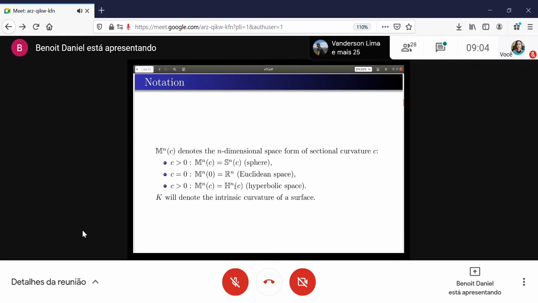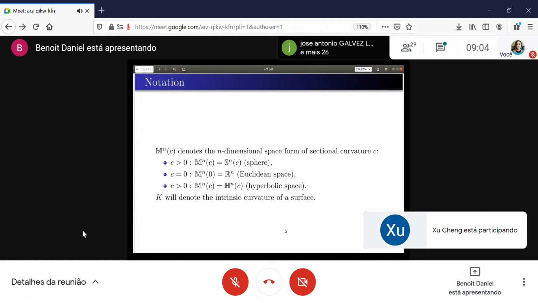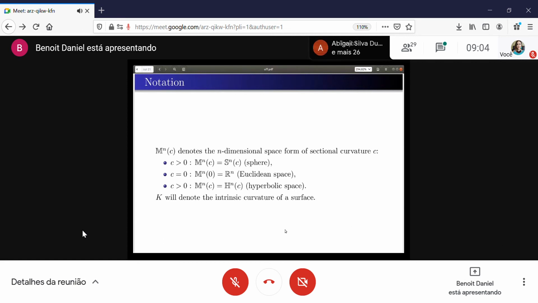Mn of C is hyperbolic space, Hn of C. There is a misprint here, of course. It is negative. And in the sequel, when I'm talking about a surface, I will denote by K its intrinsic curvature, I mean just the curvature of the metric.